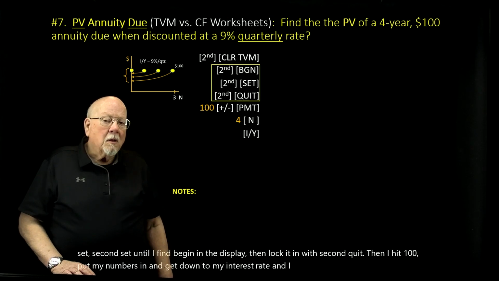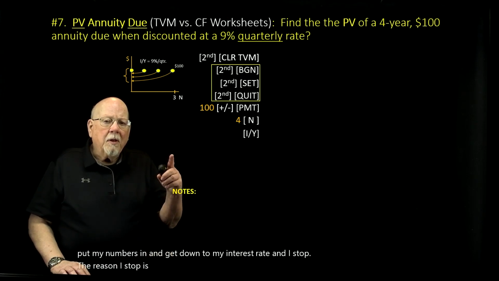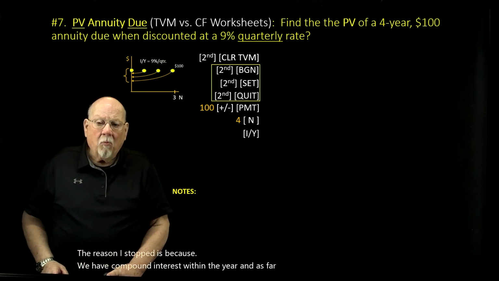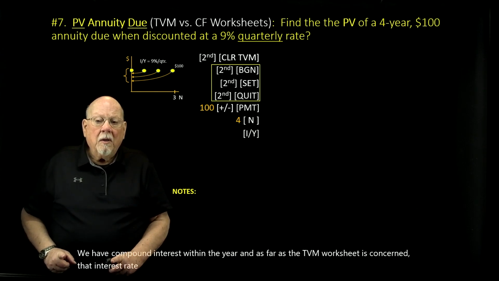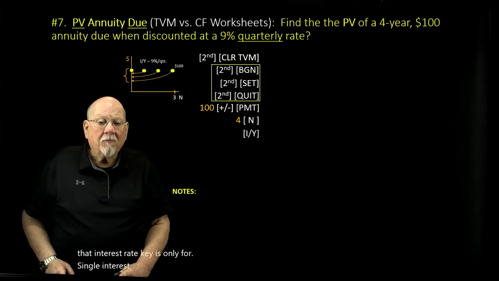The reason I stop is because we have compound interest within the year, and as far as the TVM worksheet is concerned, that interest rate key is only for simple interest. So we have to find an effective rate.